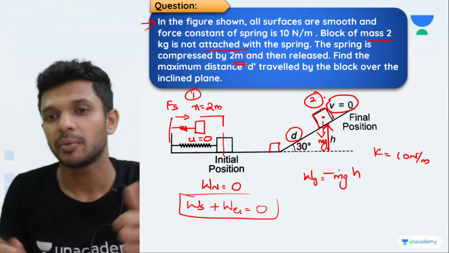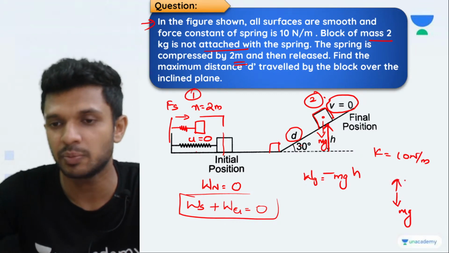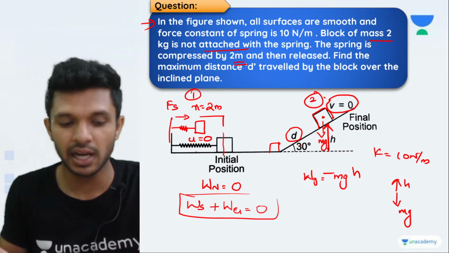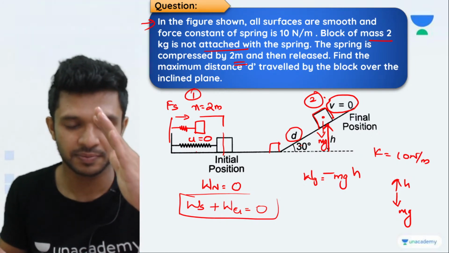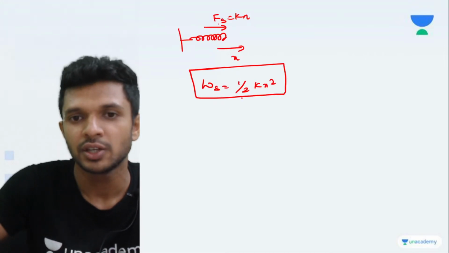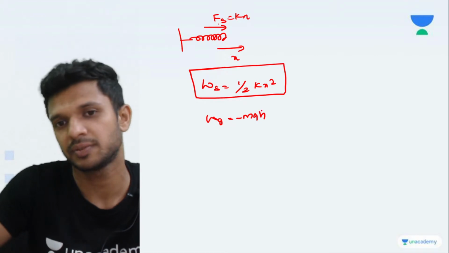Why negative sign? Because mg is downward and displacement h is upward. So work done by gravity is minus mgh.